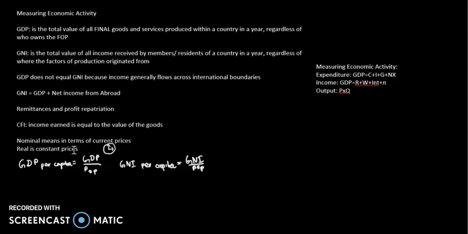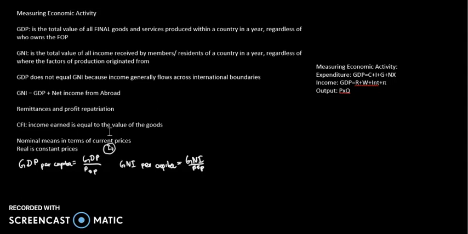Let's say we produced two cars back in 2010, which would have meant the GDP would have been 20K, but we produced one car in 2020, which is 20K again. So does that mean we literally produced the same amount? No, because we produced two cars as opposed to one, so it's actually worse off. So we need to do some calculation to get real GDP. I'll go over that later in another video.